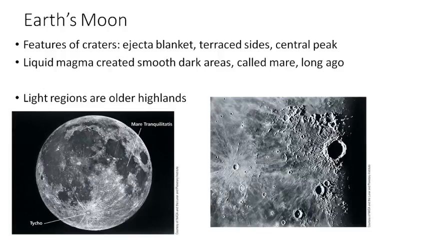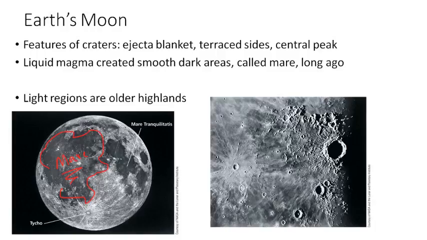So if you're looking up at the moon, you're probably used to seeing kind of these dark regions and the light regions. The dark regions are called mare, and it's thought that actually mare were formed before the moon actually solidified.